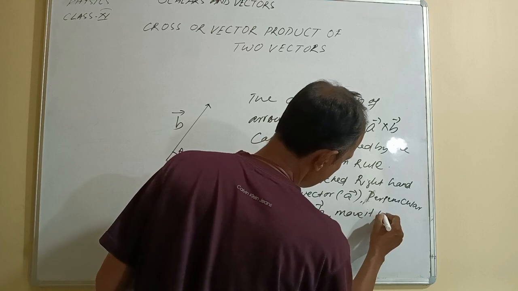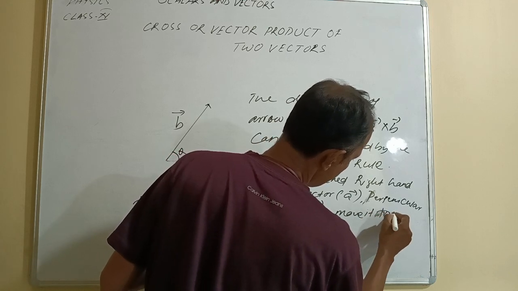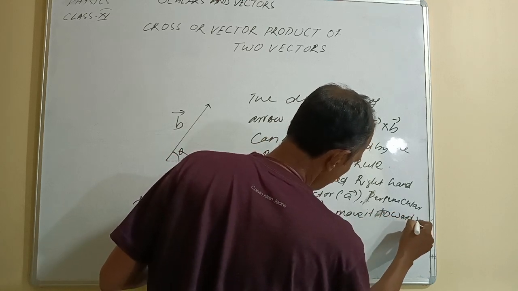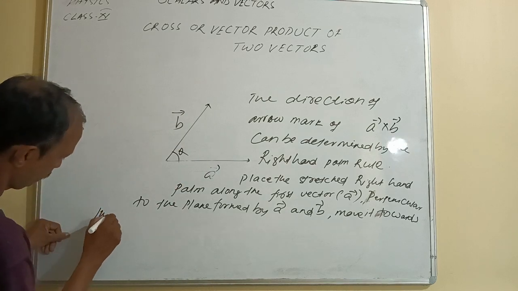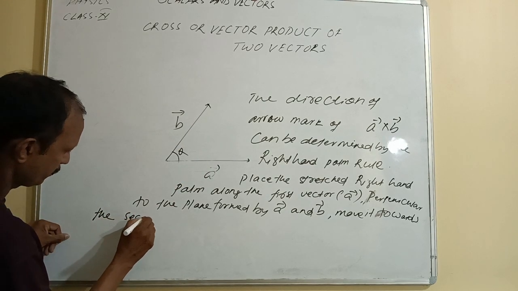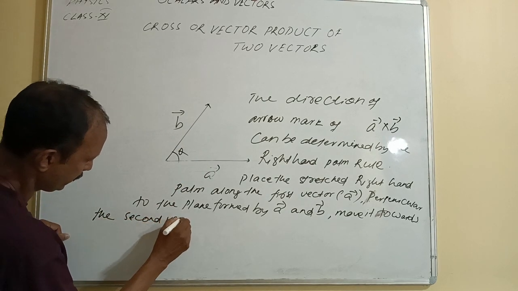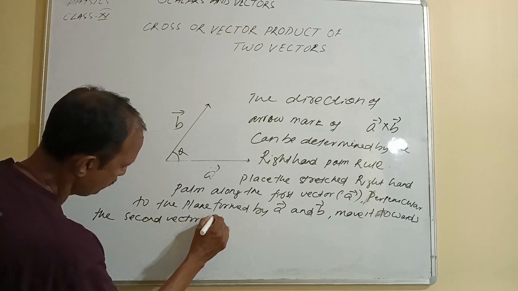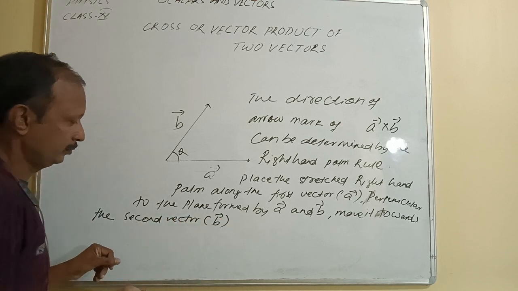Move it towards the second vector, in this case B. Okay.